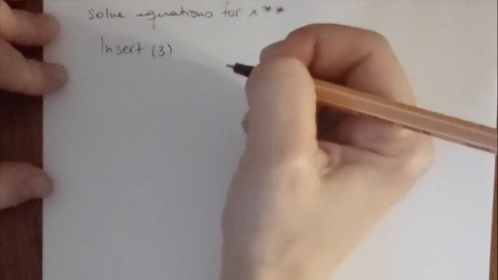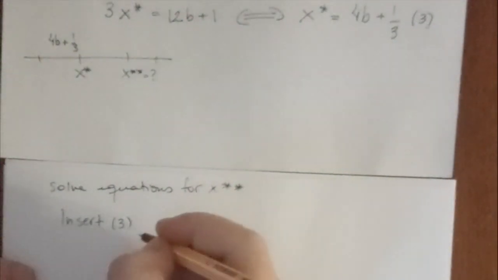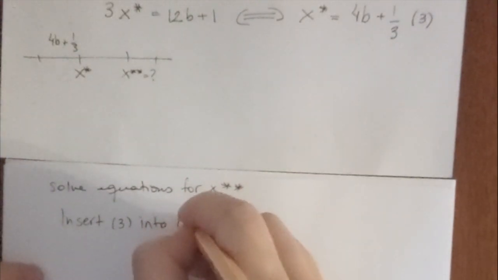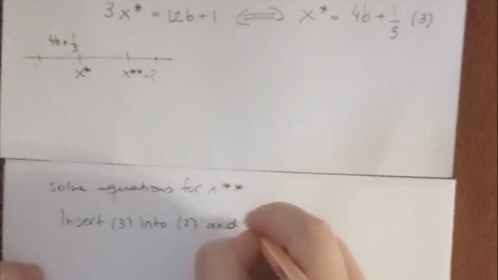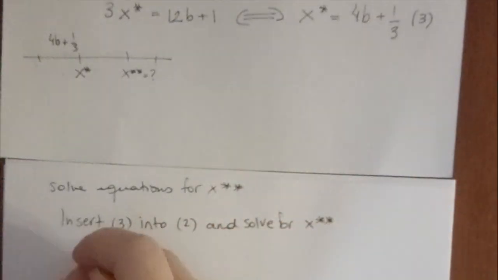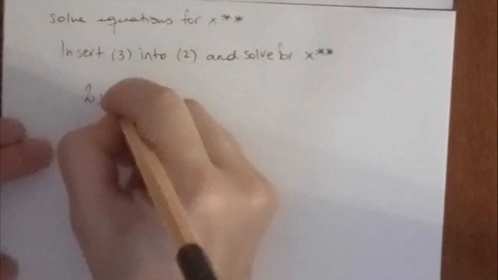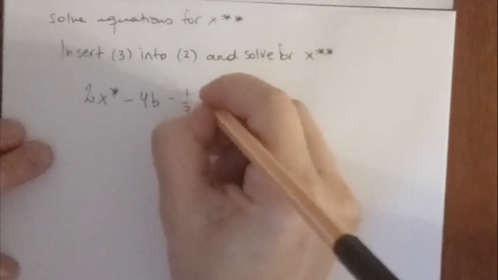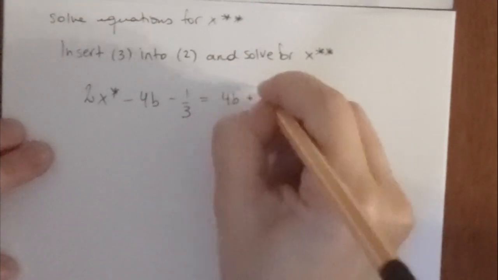So now we're going to solve for X star star. This new equation 3, which we have just created, we insert this new equation 3 into 2 and solve for X star star, which allows us to get 2 times X star star minus 4B minus 1/3 is equal to 4B plus 1.